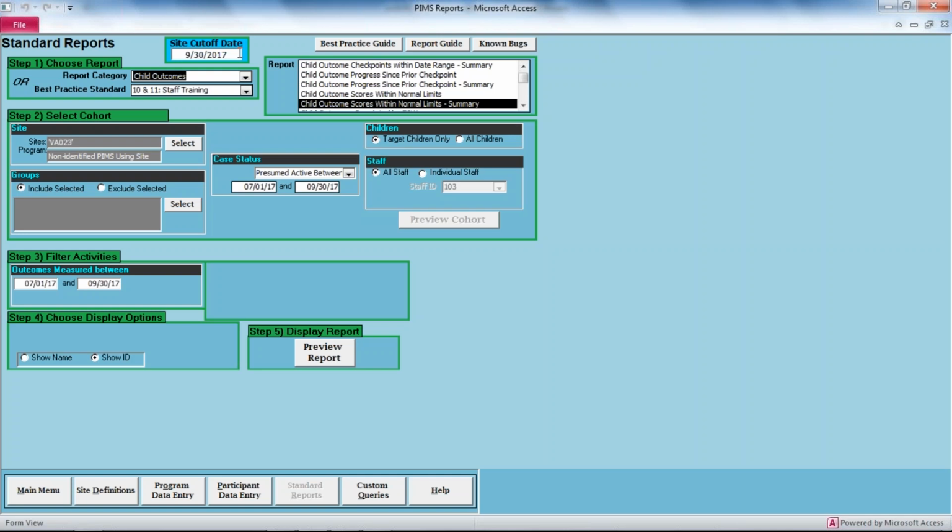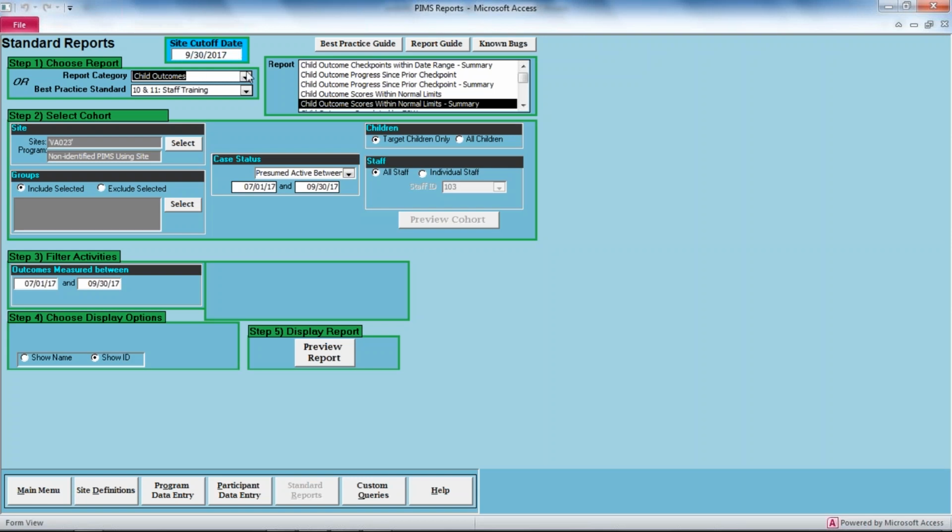And so you may get slightly different results as you go forward. And say, well, why, I ran this report last week and I got this, and now I'm running the report this week and it's added 1 to 2 of the categories. Use the same site cutoff date and set that to the end of the period that you are reporting for, like the last day of the quarter that you're running the reports on.